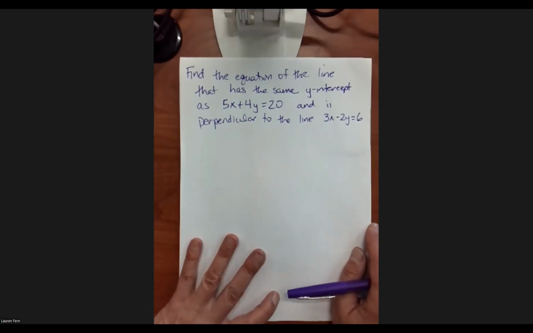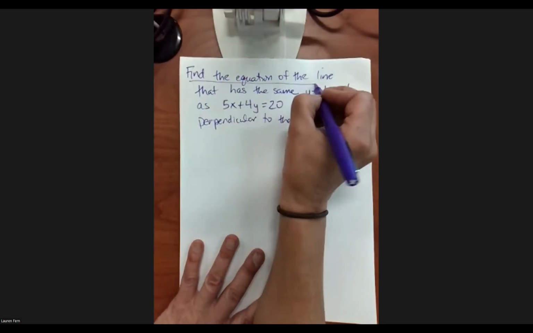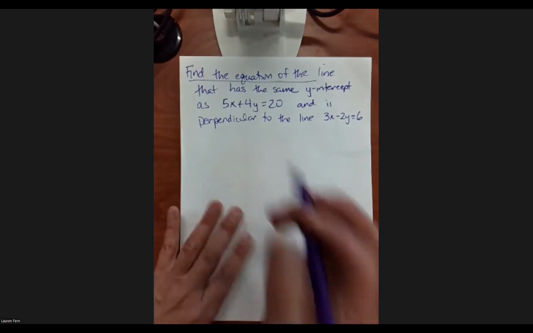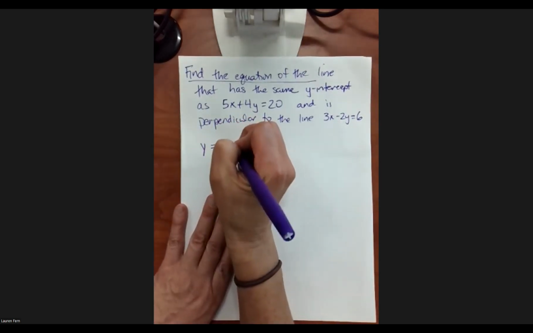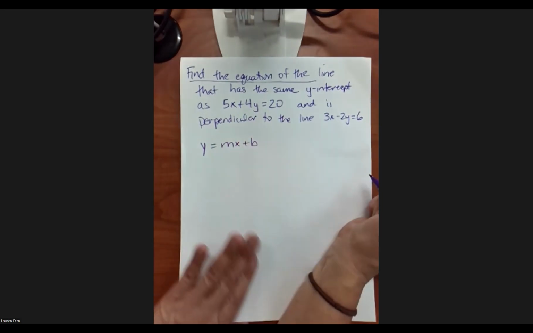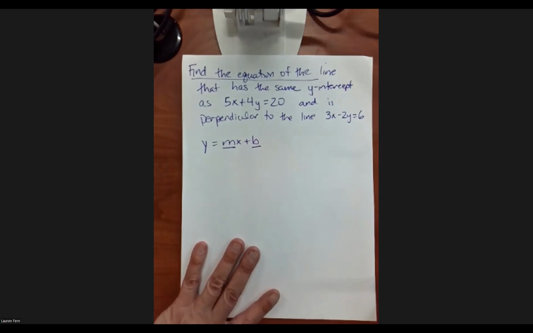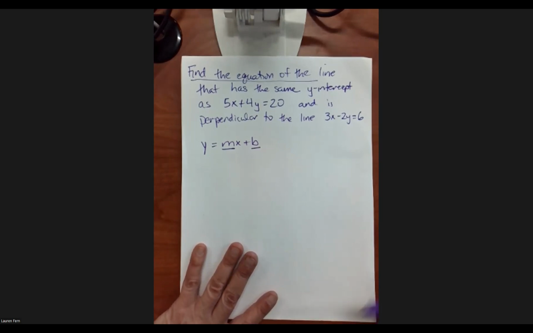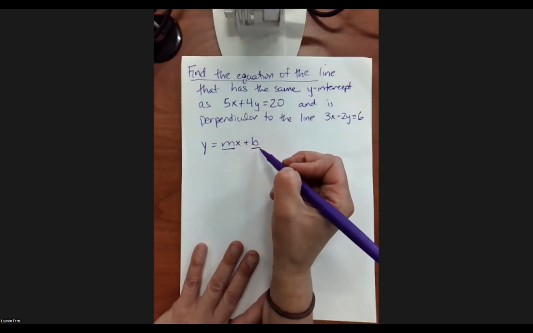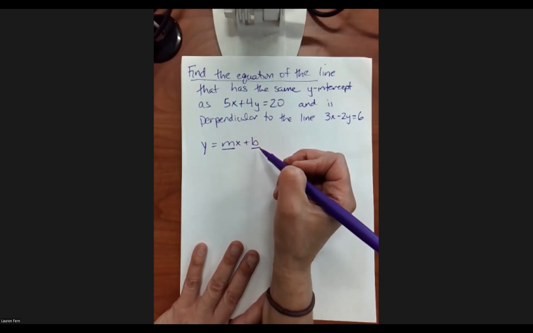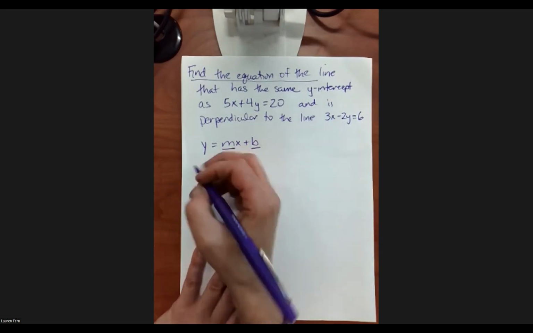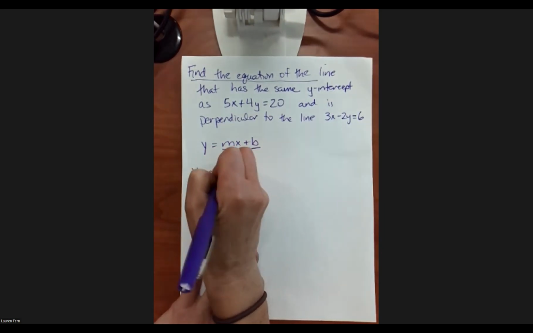All right. So notice the first thing we want to do is find the equation of a line. So what immediately goes through my head is, I need to find y equals mx plus b. In other words, I need to find the value of m and the value of b. Y'all with me this far? So m is our slope, b is our y-intercept. Okay, so let's talk about our y-intercept first.